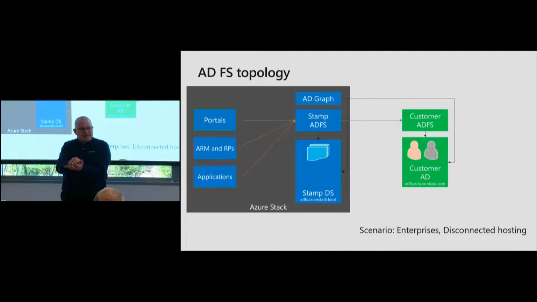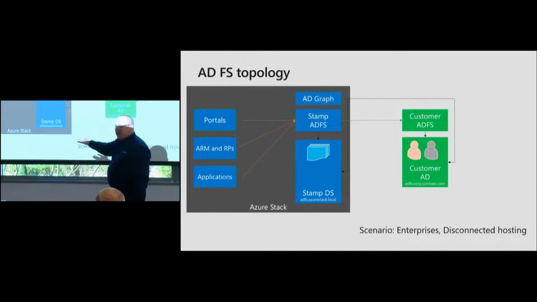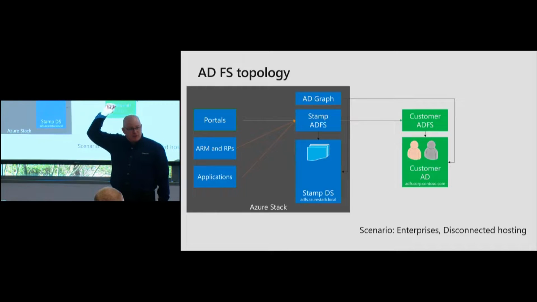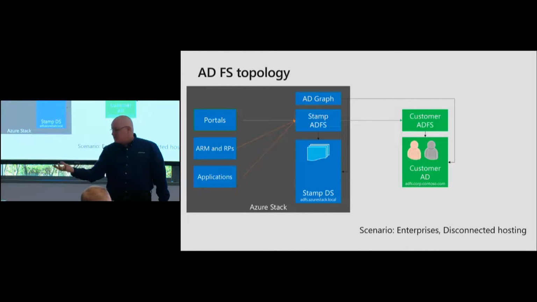Well, guess what? That doesn't exist here. There's no caching of information within the scale units. So it's not like you can take it offline and have some known accounts. The only accounts that exist there are the ones that exist in some repository, either Azure Active Directory or ADFS, to get those accounts. So it doesn't store anything locally.